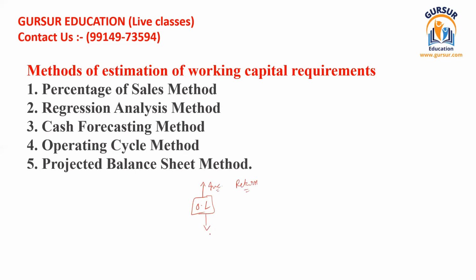And if the working capital is lesser than the optimal level, then you may have problems, because maybe you don't have sufficient funds at the time of making immediate payments. So having a level more than or lesser than the optimal level is always dangerous from the point of view of any organization. This is why there shall always be an optimal or best level for working capital.